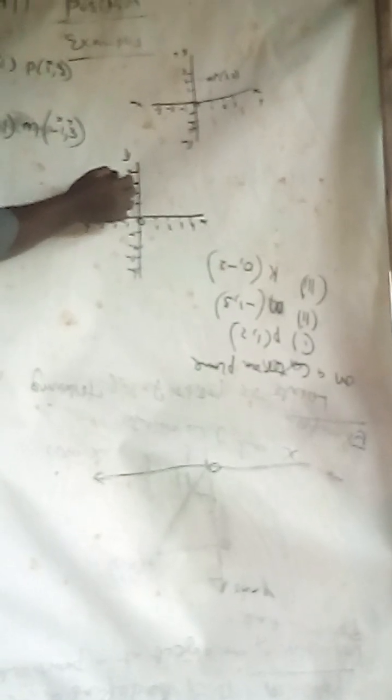Now under this sketch, what do we do? The x on the horizontal is -1, and then you find the 3 on the positive side. You are not going to find the 3 on the minus side. So you go to -1 on the left, and then you come up until you meet 3.